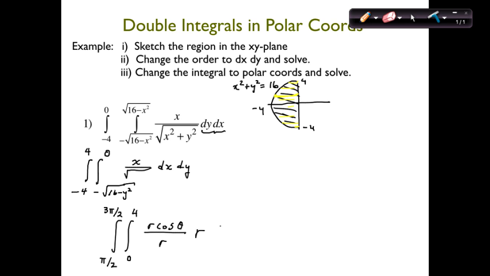R dr d theta, right? Not just dr d theta. dy dx is like dA, and we know our dA is r dr d theta. So what does that become here? Pi over 2 to 3 pi over 2. So these go, right? The r's go.